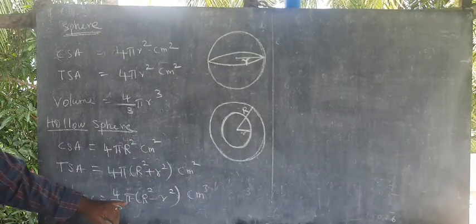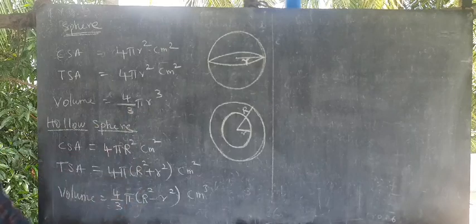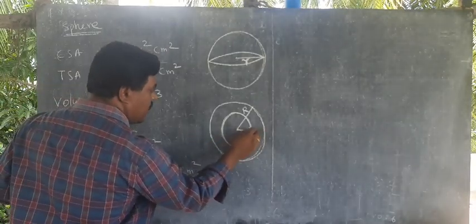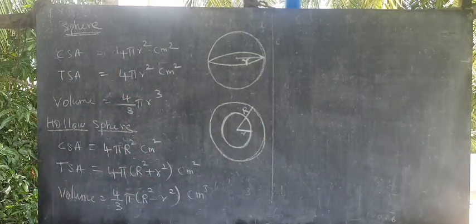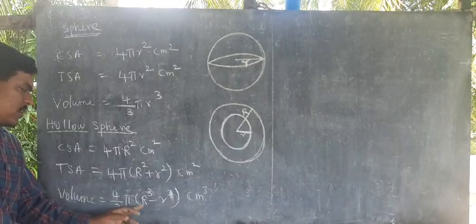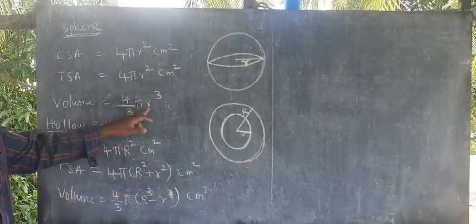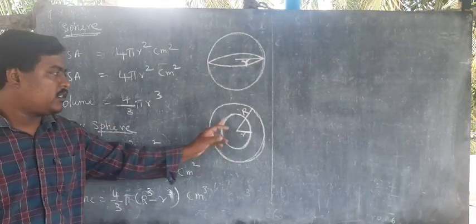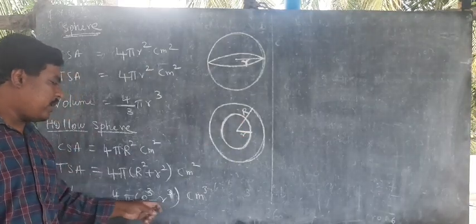Volume is 4 by 3 pi, and here we have the same r cube, small r and capital R. Capital R cube minus small r cube, because we have two radii, one is capital R and one is small r.